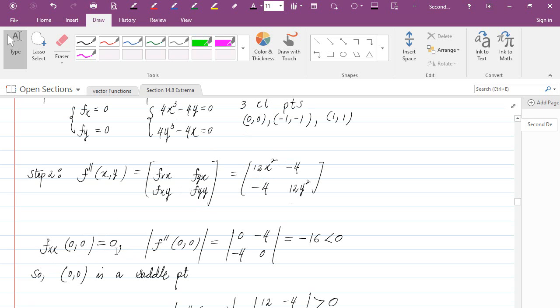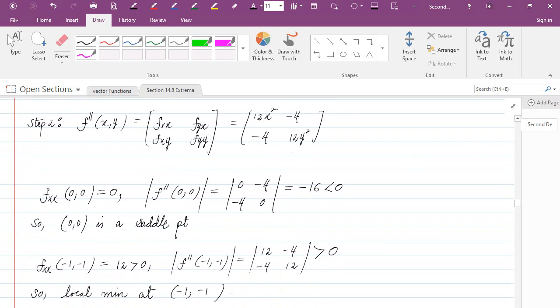If you look at the second derivative of f at (0, 0), x is 0, y is 0, so you get 0, -4, -4, 0. And if you look at the determinant of that, that means you're looking at the discriminant here, it is equal to -16, which is negative. Now the fact that the discriminant is negative means that at (0, 0) we have a saddle point.